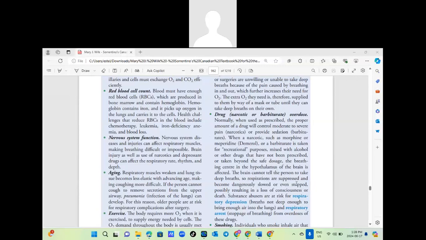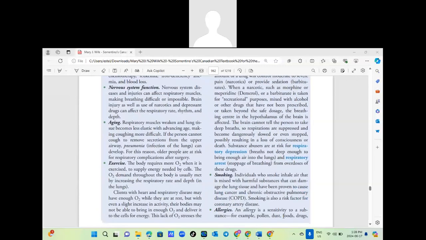Respirations are suppressed and become dangerously slowed or even stopped, possibly resulting in loss of consciousness or death. Substance abusers are at risk for respiratory depression, breaths that are not deep enough to bring enough air into the lungs, or respiratory arrest, the stoppage of breathing from overdoses of these drugs.